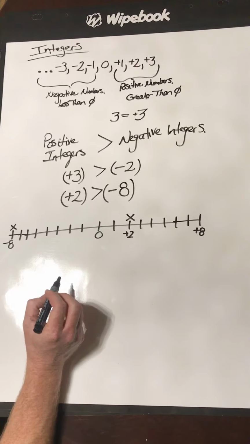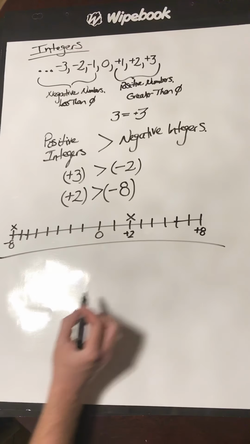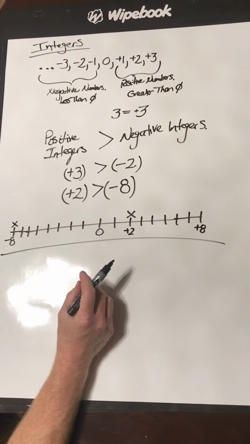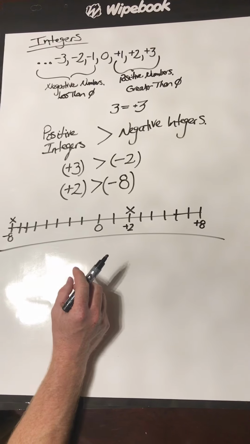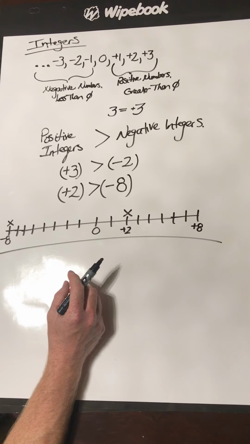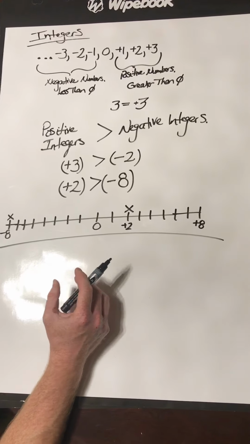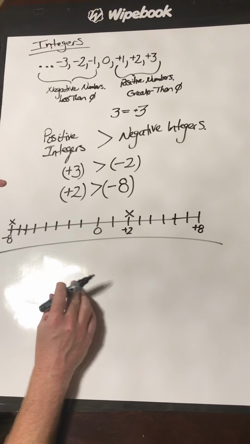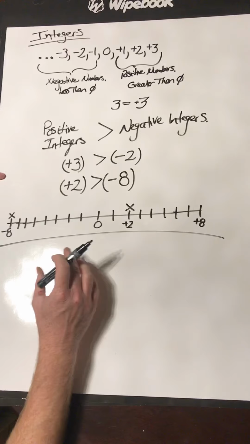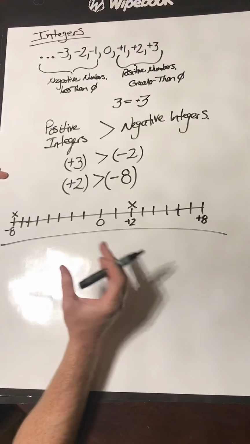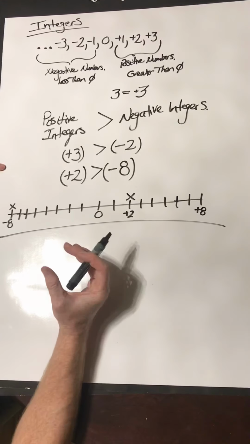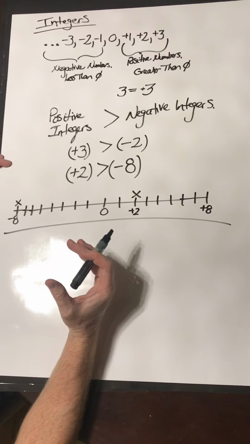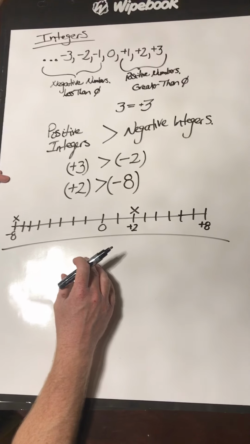The next thing we want to talk about is, why do we have to learn this stuff? There are many places in the world where we use integers. If you're going to understand which integers are greater or less than, it's great to have an example in your head that you can revert back to.